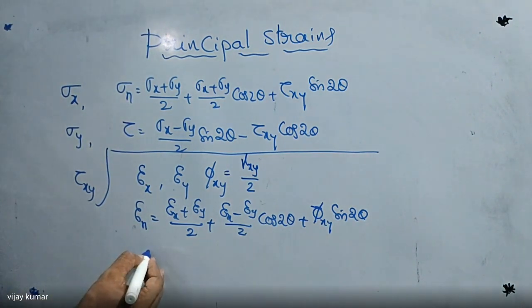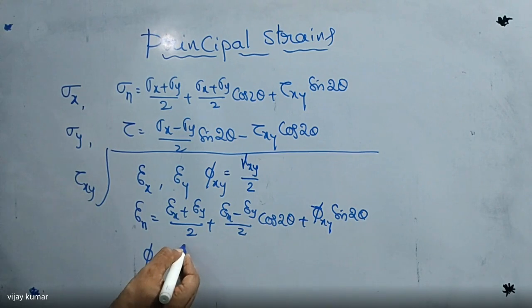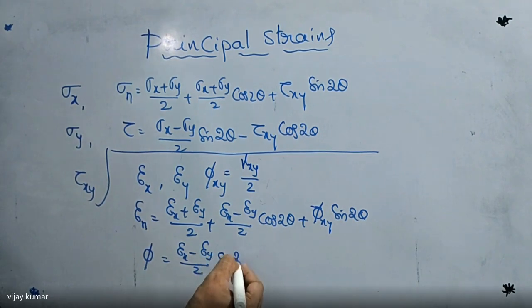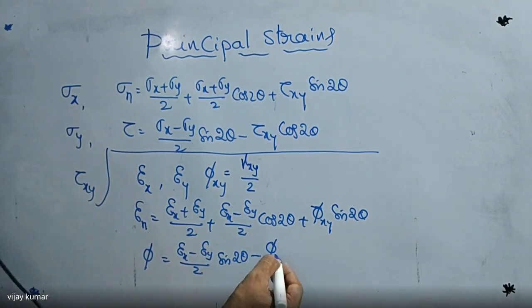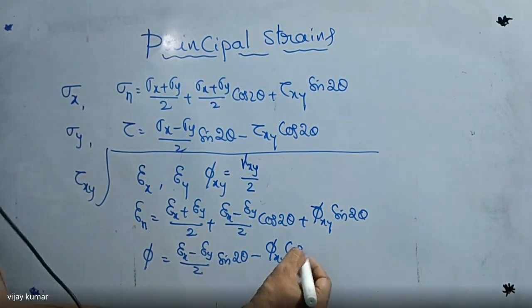Similarly, the shear strain phi is epsilon x minus epsilon y divided by 2 into sin 2 theta minus phi xy into cos 2 theta.